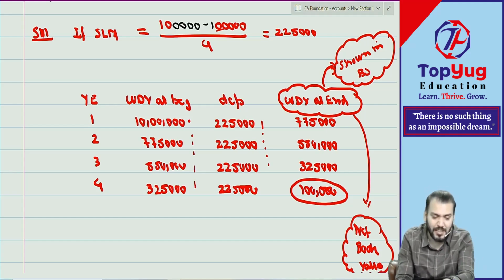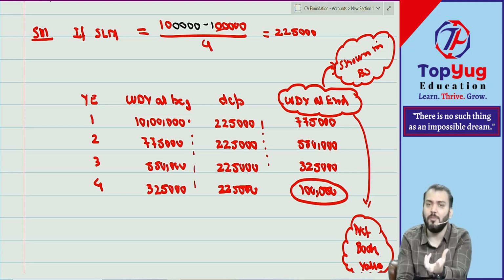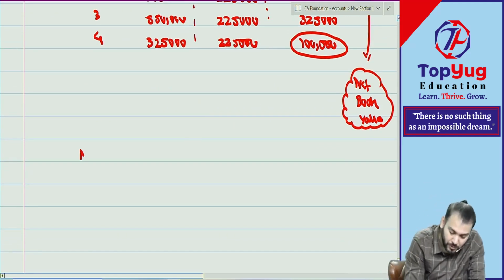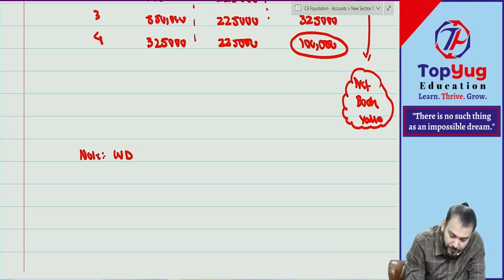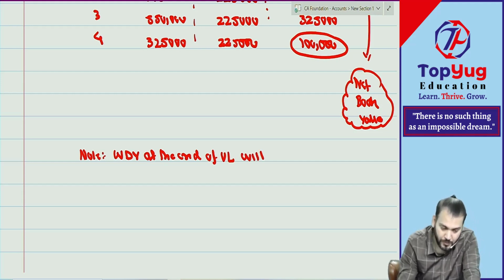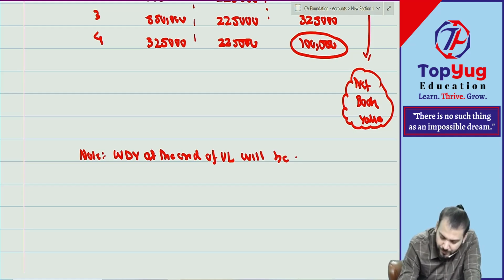But can we conclude now that WDB at the end of useful life of the asset will be what? Residual value. Write down one note: WDB at the end of useful life will be equal to what?